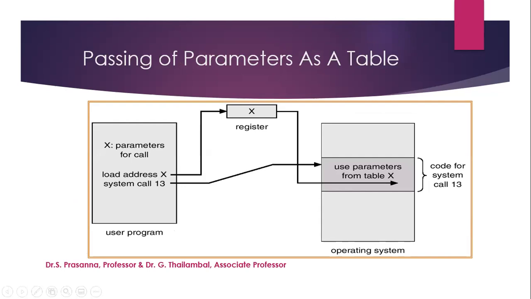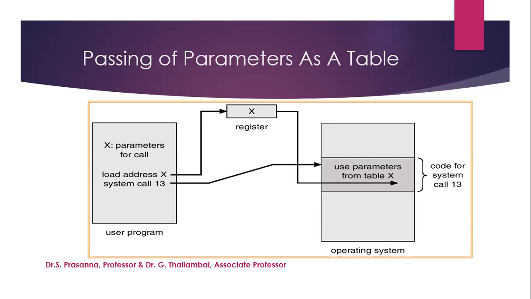X is the parameters for the call. The command is going to be load address X, system call 13. When it executes load address X, it will find the register which contains X, and that register will have the parameters from table X. Use the parameters from table X. So this is the system call 13 command.